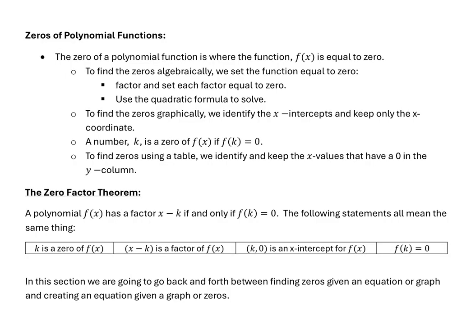So remember that a zero of a polynomial function is where the function f of x is equal to 0. When we talk about finding zeros of the polynomial function algebraically, we want to set the function equal to 0, and we can either use factoring or the quadratic formula to solve.